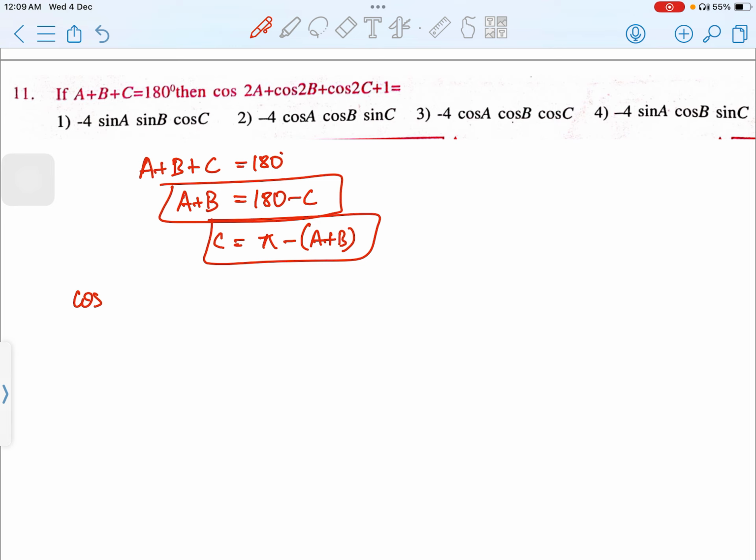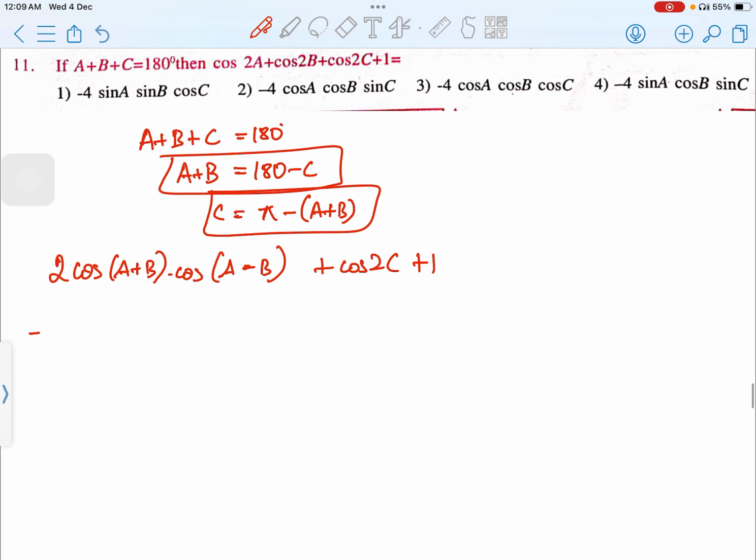So cos 2A and cos 2B, if you add them, you will get 2 times cos of A plus B into cos of A minus B, plus cos 2C plus 1. From this you can write that cos of A plus B means cos of 180 minus C. So 2 times cos 180 minus C into cos of A minus B. The remaining things you can keep as they are, or you can use the cos square formula also: 1 plus cos 2 theta is 2 cos square theta.